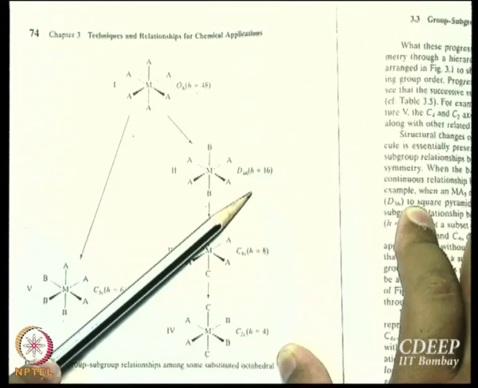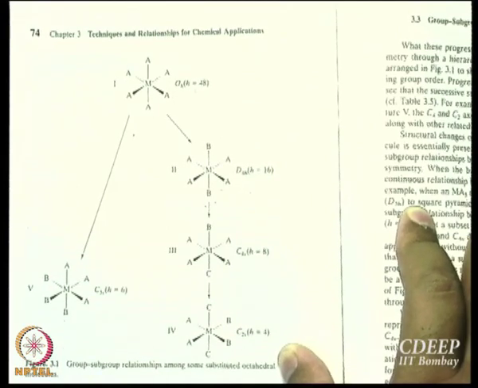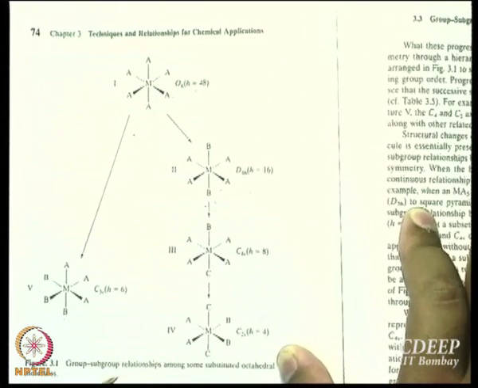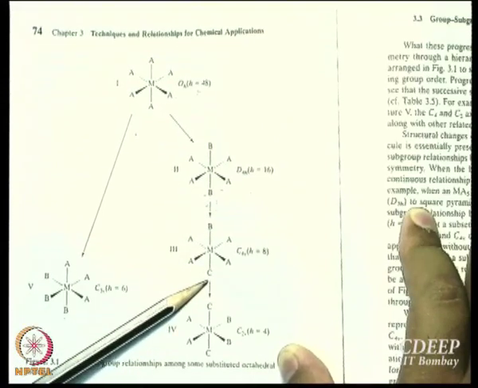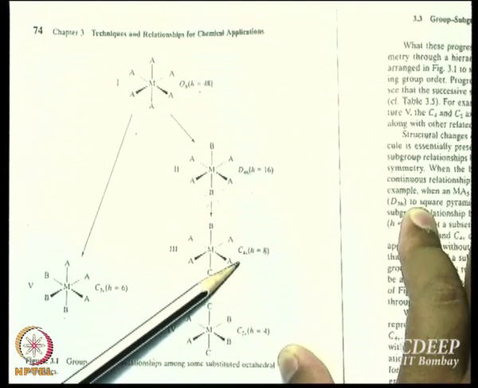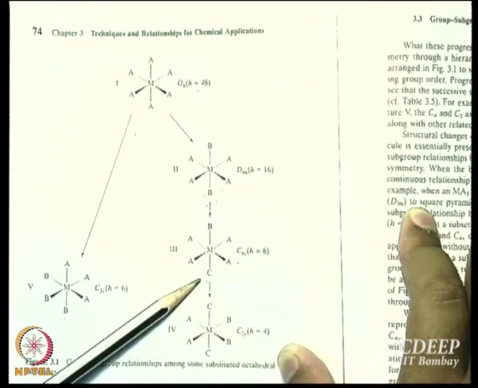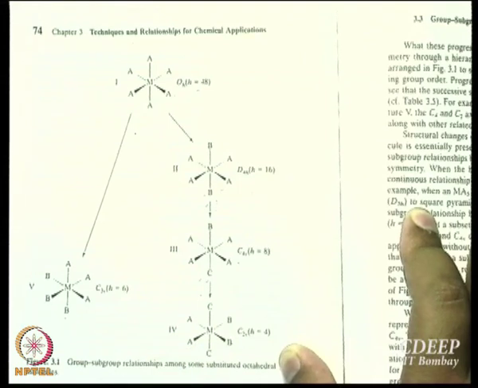D4h is only 16, actually it is better than O, but here we cannot use that, we will still need to use O, we will come back to why. Then you substitute this B by C, and it becomes C4v because the horizontal plane is lost. From here you can go to C2v if you substitute this by C and substitute these two by B. So this is your group-subgroup relationship.